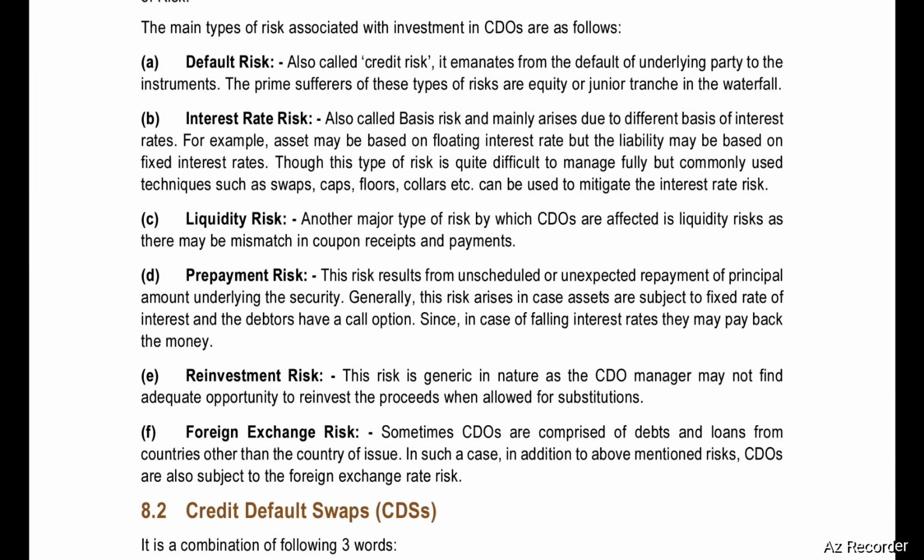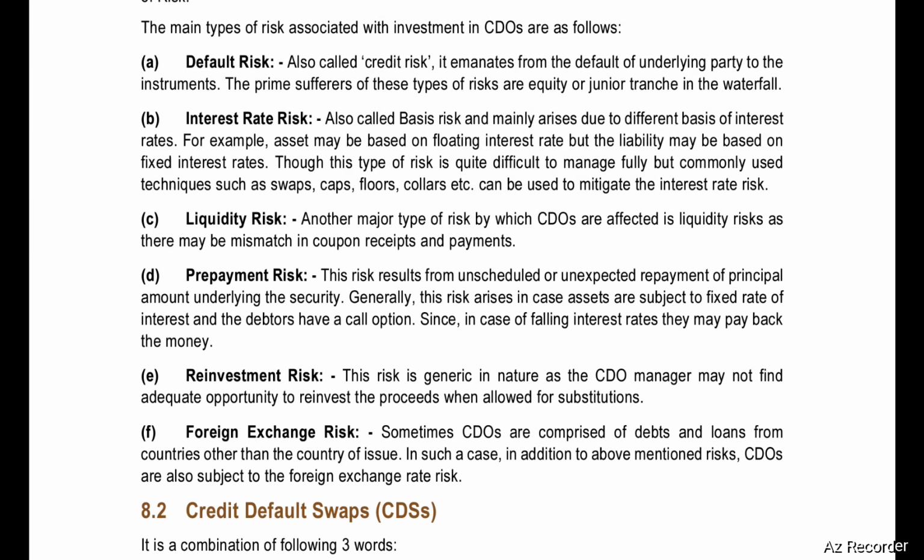First one, default risk. It is also called credit risk. It emanates from the default of the underlying party to the instruments. The prime sufferers of these types of risks are equity or the junior tranche in the waterfall. Next, interest rate risk, also called basis risk, mainly arises due to different bases of interest rates.